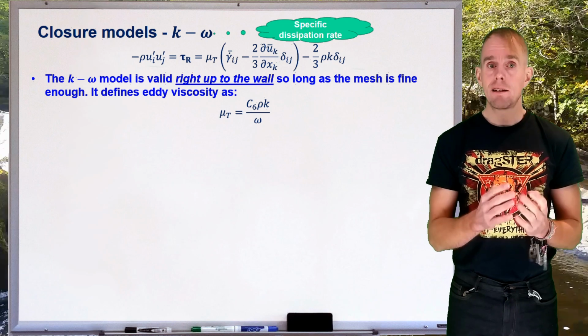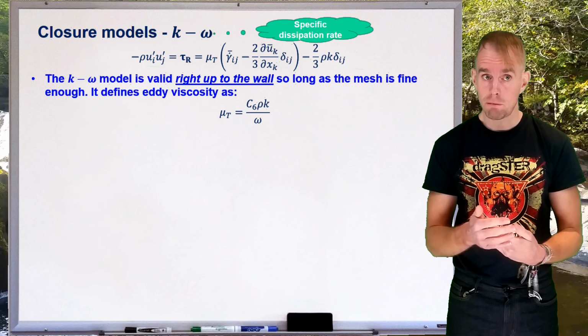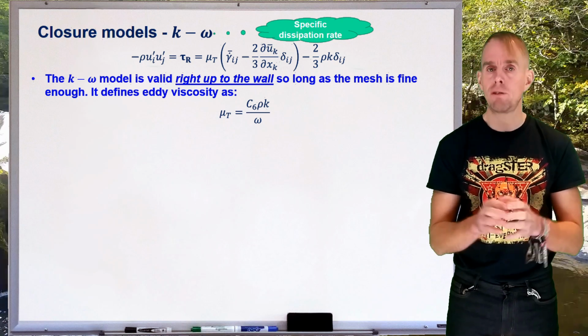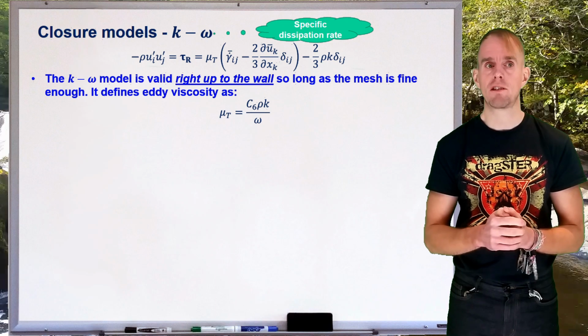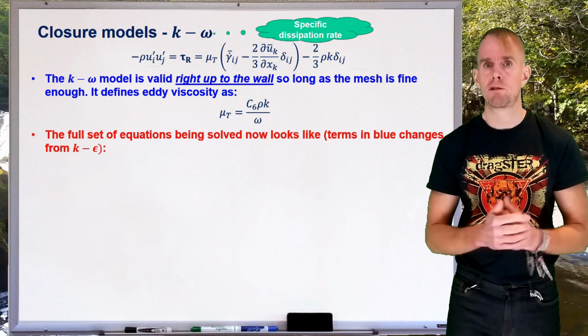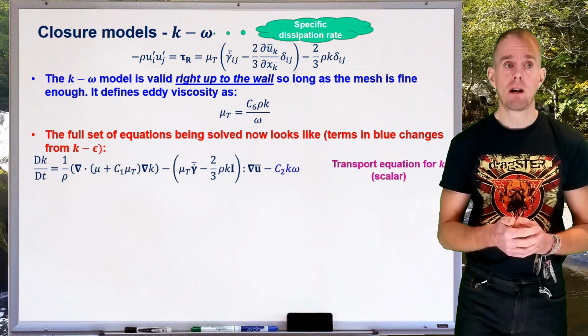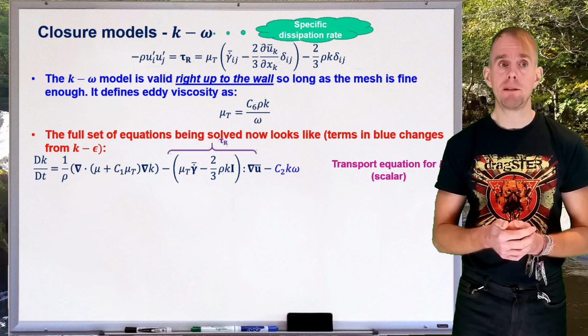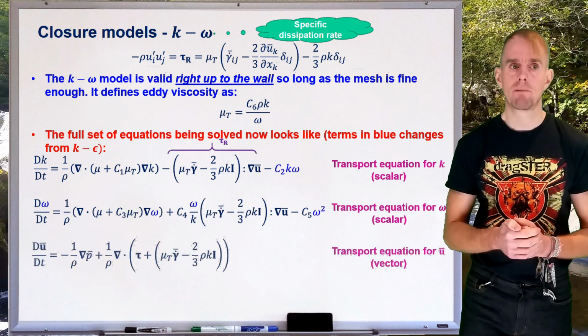And mu t now is related to k, as it was before, my turbulent kinetic energy, and now my specific dissipation rate, omega. And again, there's an empirical constant in here, C6. What we then have, as before, are a set of transport equations. One that describes k, one that describes omega, and then one that describes the steady flow velocity.